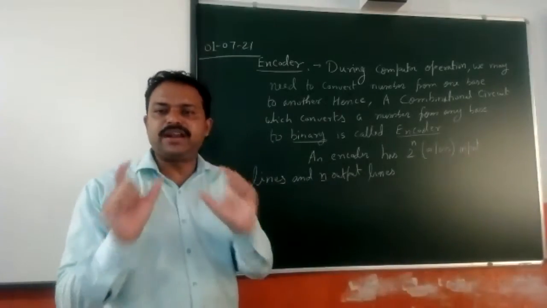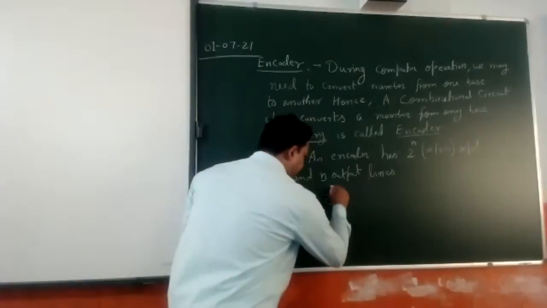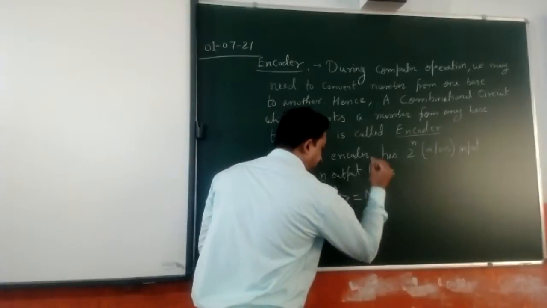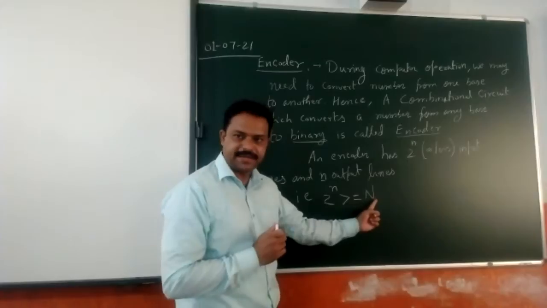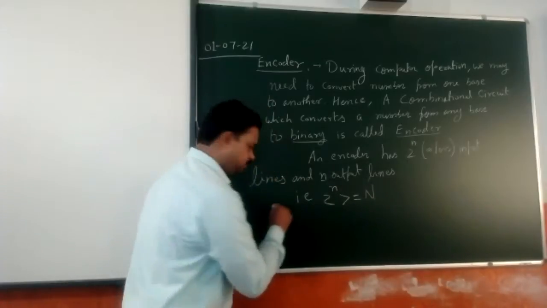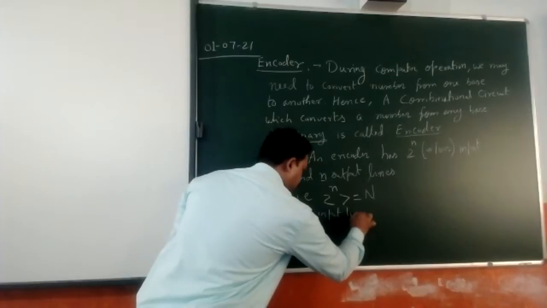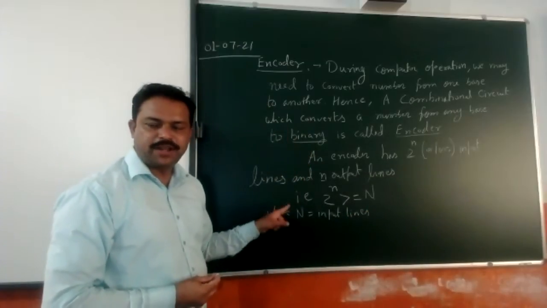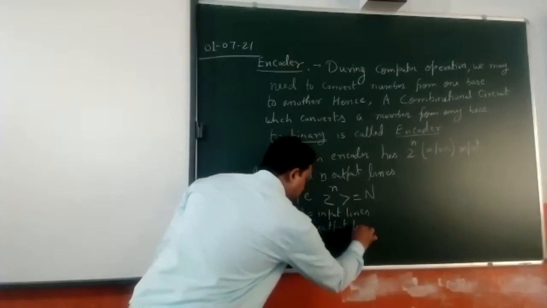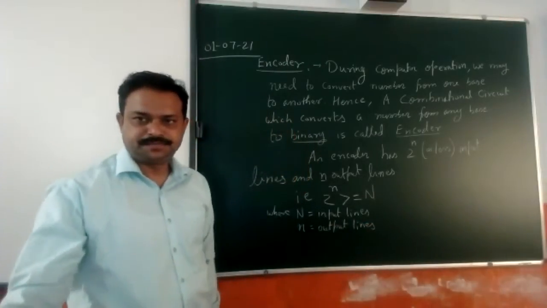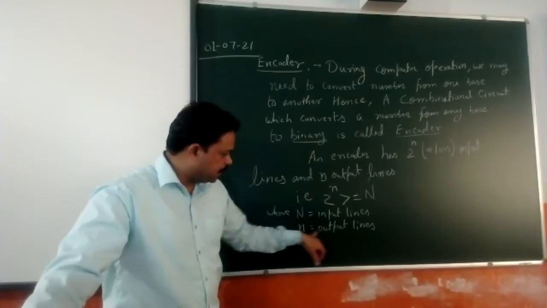We have one relation, so write down that relation: 2 to power n must be greater than or equal to capital N, where capital N is your input lines and small n is your output lines.